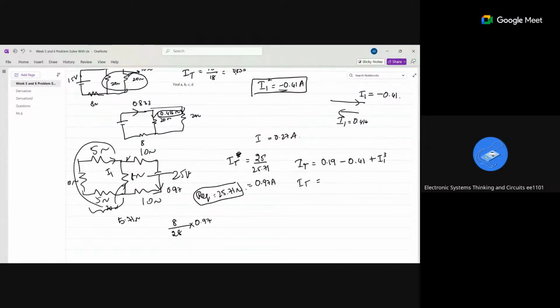Yes, the current is 0.277, and it is positive, right? 0.19 minus 0.14 plus 0.27 is the total current, which is 0.32, right?